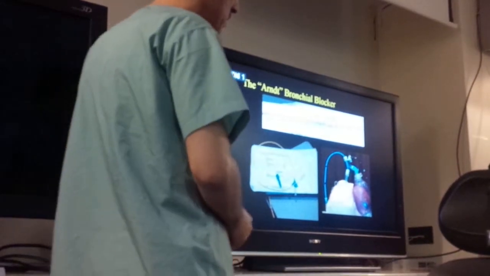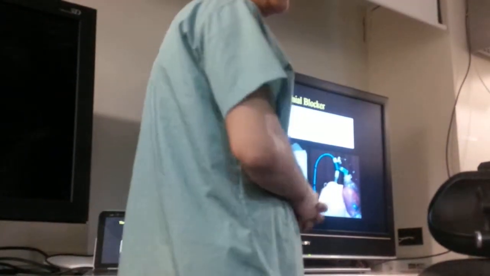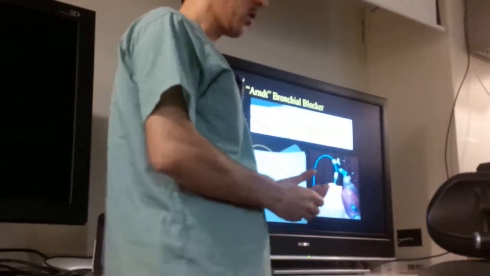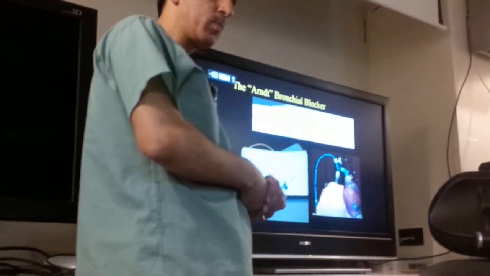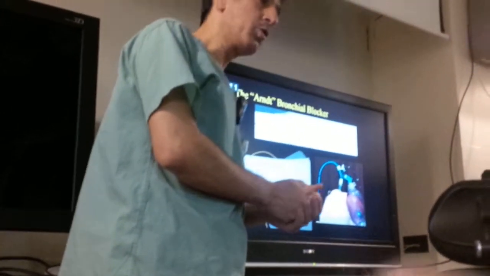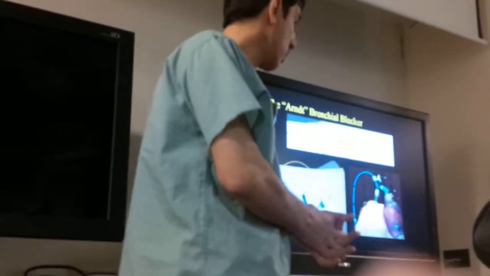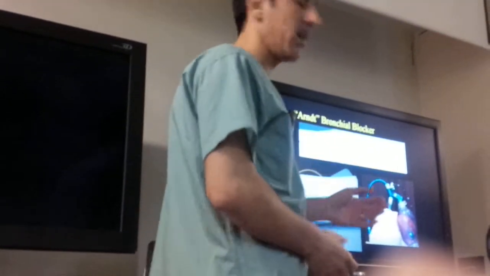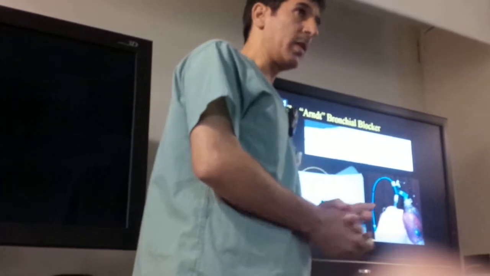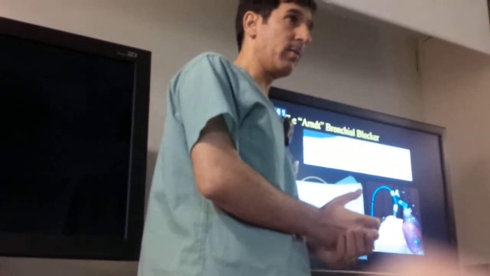We have 3 sizes of Arndt, while we have only one size of Cohen. Cohen is 9 French. It should not be used in tubes less than 7.5, while in size 7 French and 5 French, 5 French we can use in pediatrics with a tube of size 5 minimum.